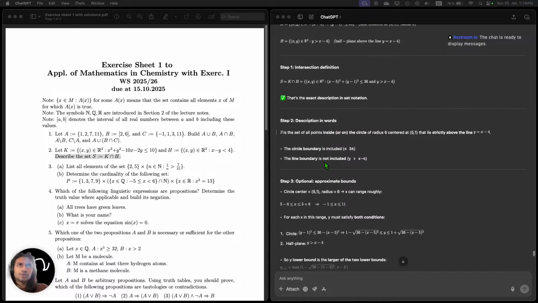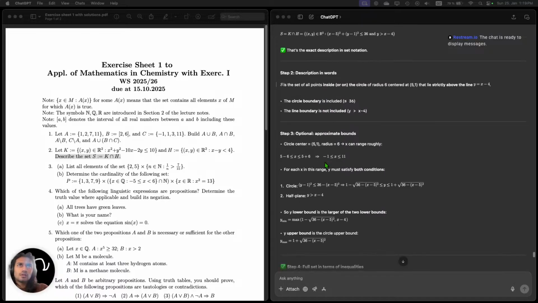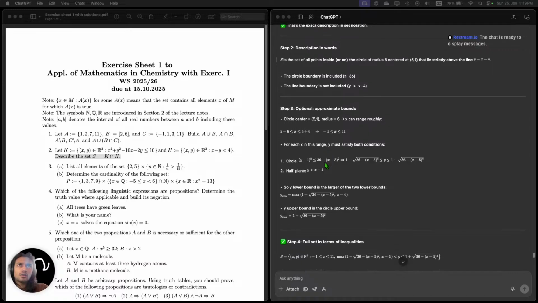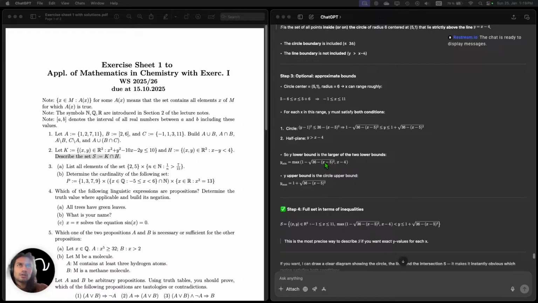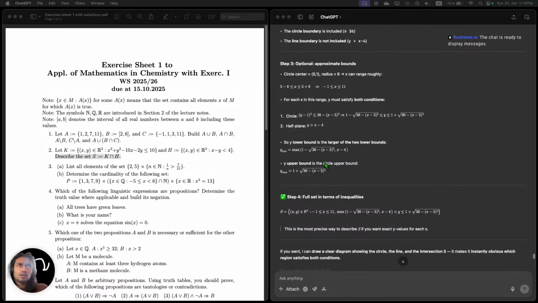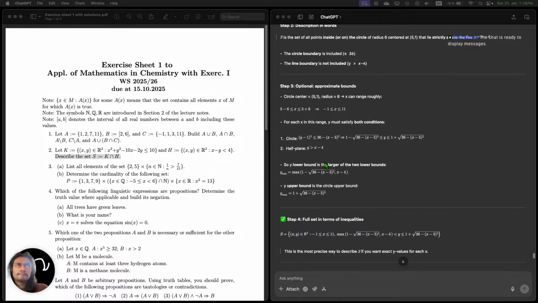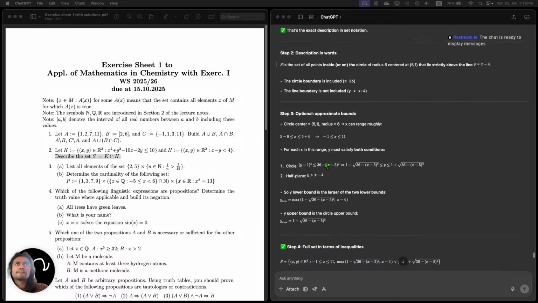But if I have to show it as a set, y minimum, y maximum. For each x in this range, y must satisfy both conditions.